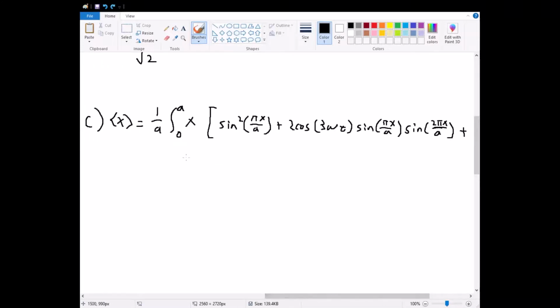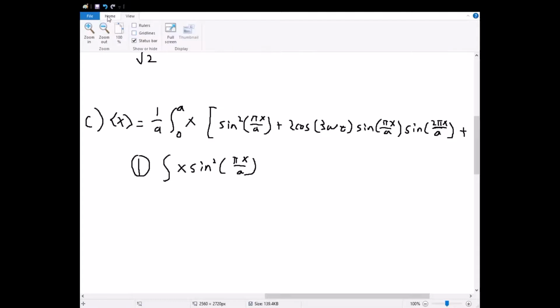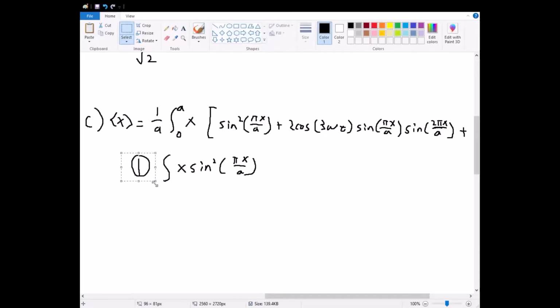So we have term number 1, which we'll express as an integral of x sine squared times pi x over a. And actually this is not just one. I'm going to call this term 1/3, because this applies to both of these terms.